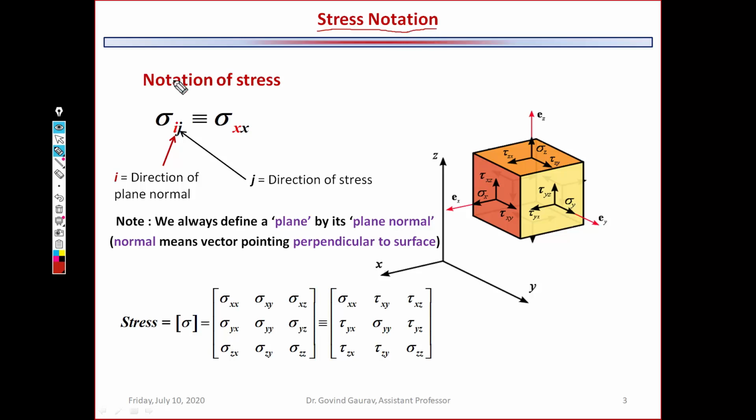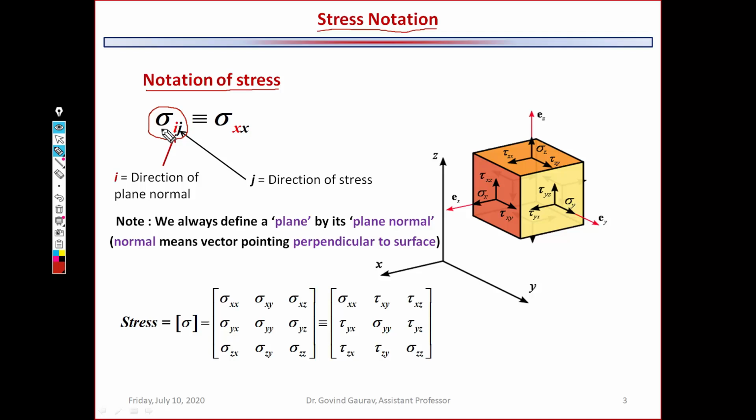Stress notations, or the notations of the stress. As stress is a second order tensor, it is defined by one of its values and two values define its directions. So the general state of stress at a particular point, a particular value, is represented by sigma ij. i and j are the subscripts denoting a particular type of the stress.